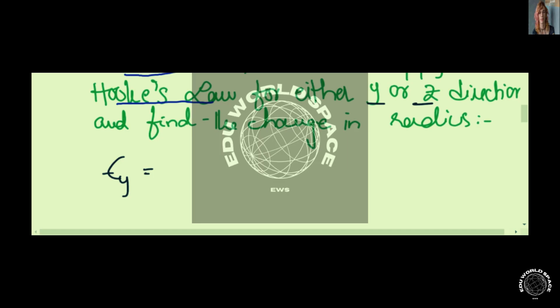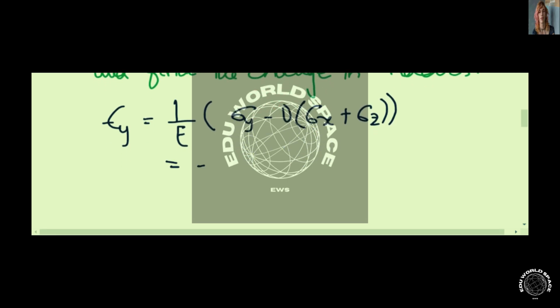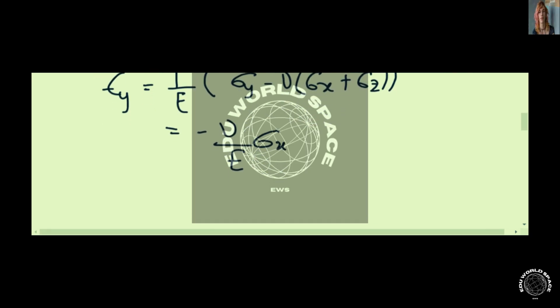So epsilon sub y is equal to 1 divided by E, parenthesis, sigma sub y minus, parenthesis, sigma sub x plus sigma sub z, parenthesis close. This is equal to negative nu divided by E times sigma sub x. Now we have the expression for sigma sub x, so it is negative nu divided by E into F sub x divided by pi r square.